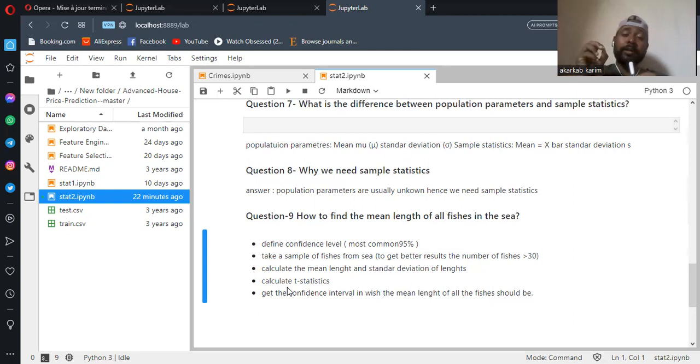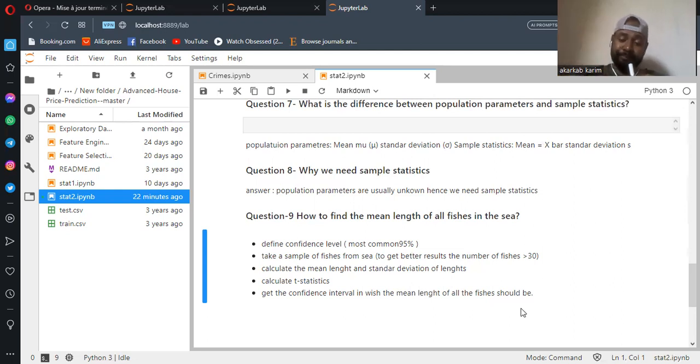Because the mean of the population is unknown. At this time, we need just to draw a conclusion based on this kind of test, because we have just the mean and standard deviation of the samples provided, not the mean and the standard deviation of the population.